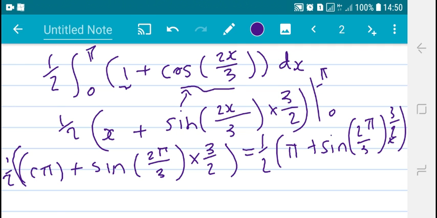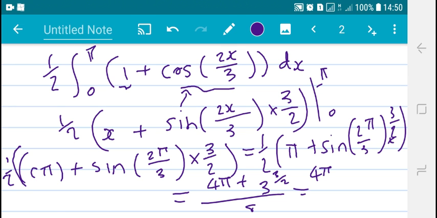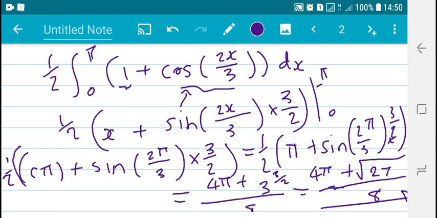But the answer should ultimately equal the following: 4 pi plus 3 to the 3 over 2, over 8, which is like saying 4 pi plus the square root of 3 to the third power, square root of 27, okay, over 8. And that should be the final answer there.